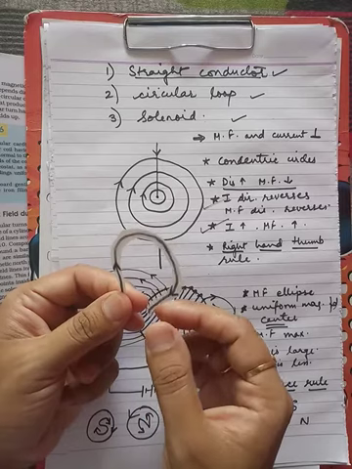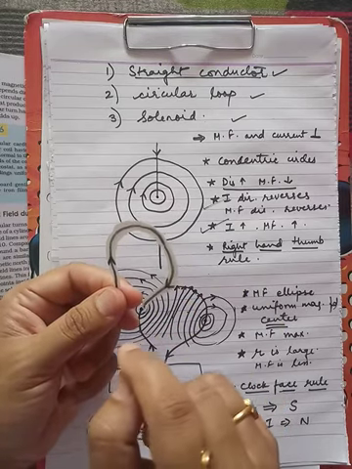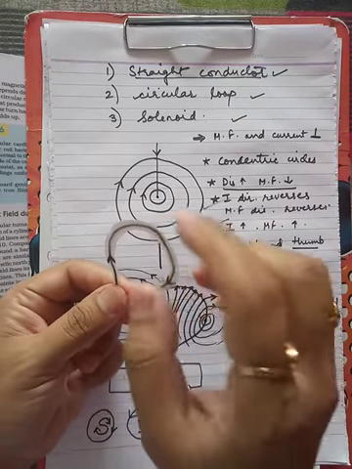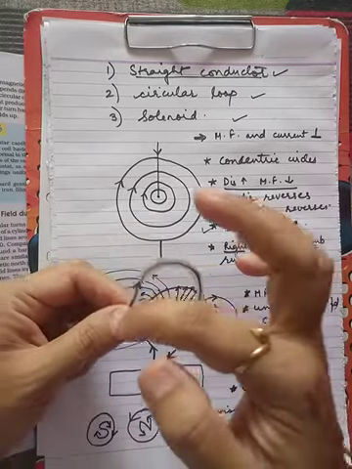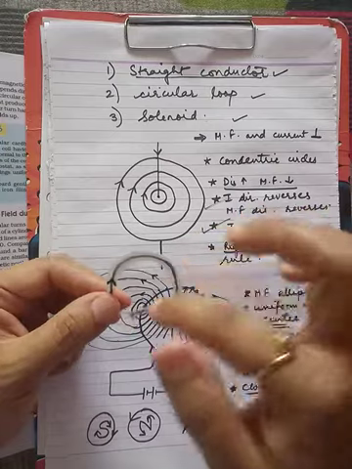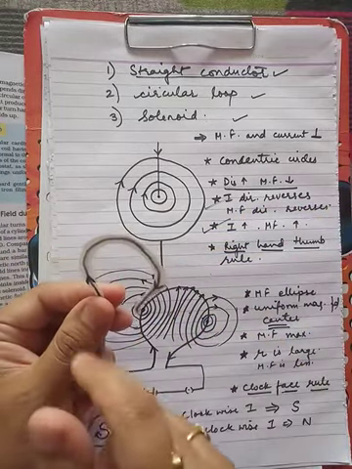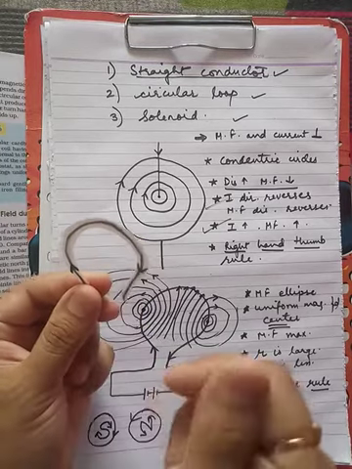Now where is the magnetic field line? That also we can clear from here, because it is a 3D type of model. So the magnetic field line will be in this manner. That means magnetic field lines are going inside the loop.